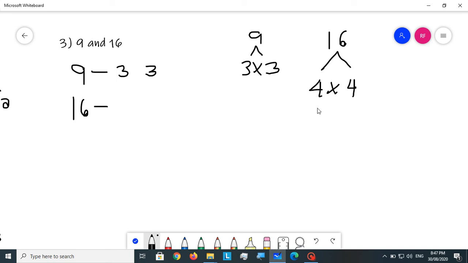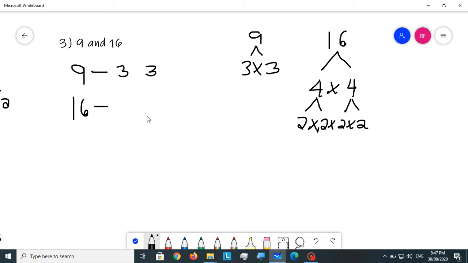4 is not a prime number, so we can still prime factorize 4. That would be 2 times 2, and the other 4 is 2 times 2 as well. This time, all of them are prime numbers.